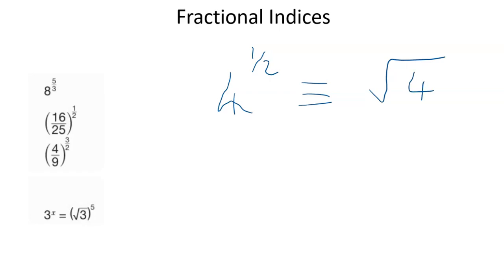So this would actually give us two answers, because although this symbol, the square root of 4, is only challenging you to write down the positive root here, this here is not saying that. That's not limited to just the positive answer.